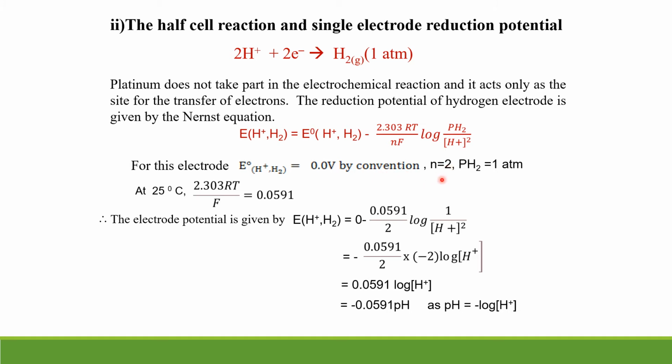The value of n in this equation, since there is a 2 electron change, is 2. The pressure of hydrogen gas is 1 atmosphere.